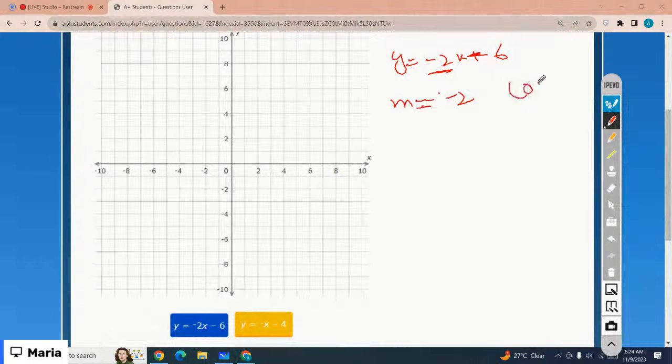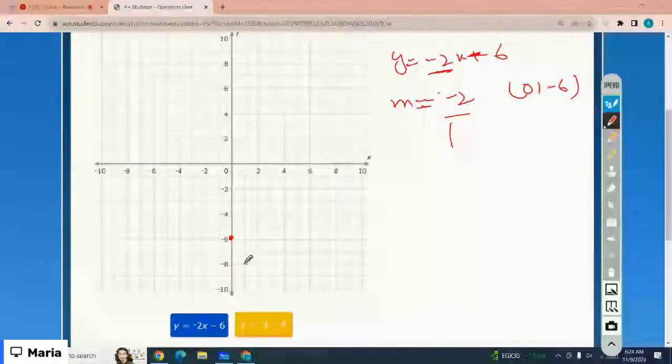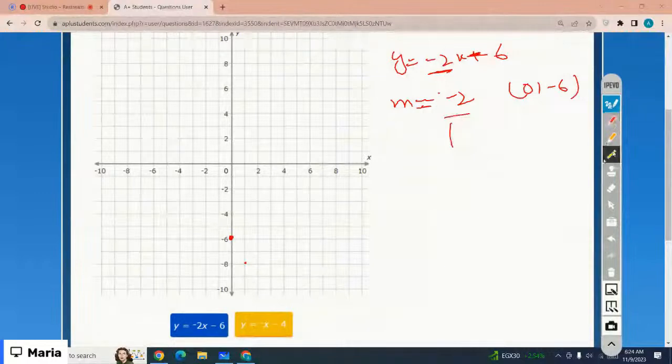So that means x is 0, y is negative 6. The slope is negative 2 over 1. That means move down 2 and move right 1 point. Okay, let me just make a line that connects these 2 points.